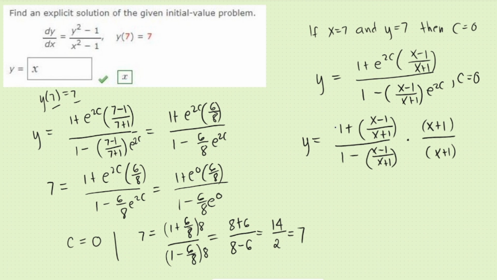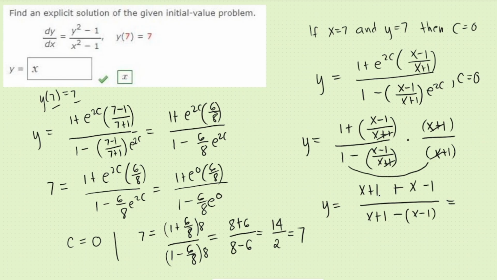So 1 times x plus 1, we write x plus 1 here, plus (x minus 1) over (x plus 1) times (x plus 1), we can cancel it. So we'd be left with x minus 1. Same with the denominator: 1 times x plus 1, we have x plus 1 minus (x minus 1) over (x plus 1) times (x plus 1), we can cancel this, we'd be left with x minus 1.